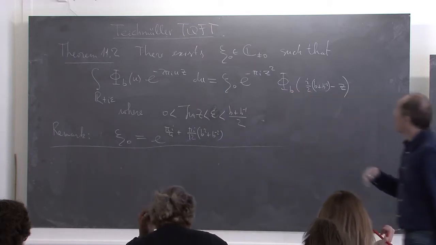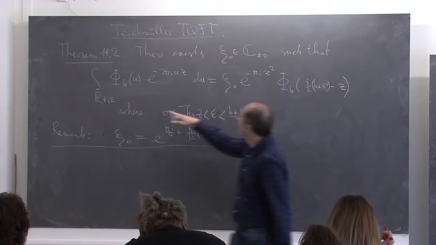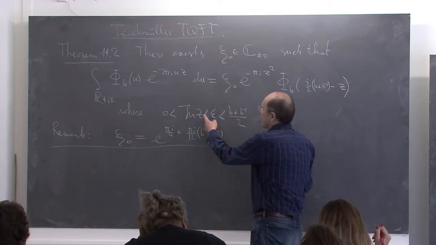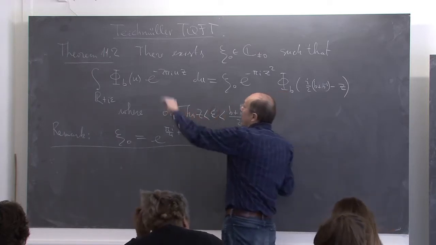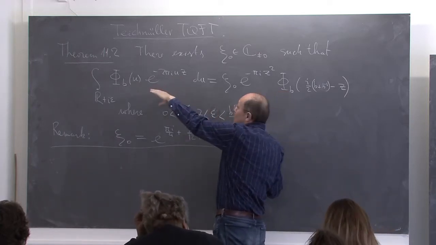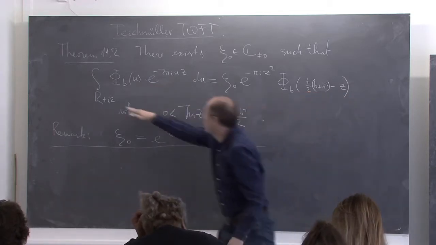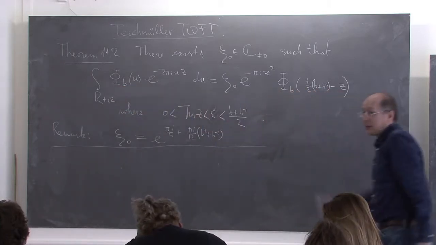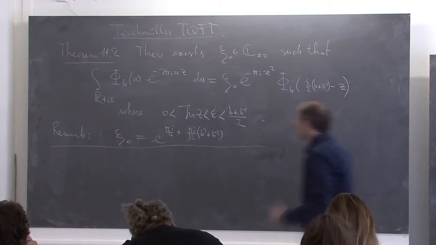And this is indeed a remarkable formula because now we can, for example, send the imaginary part of z to 0, and the limiting formula will give us the distributional Fourier transform of phi b of y, because we can put epsilon also very small. But in this form, the integral absolutely converges.